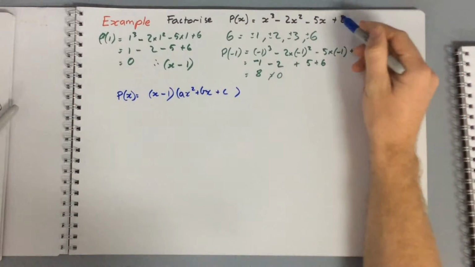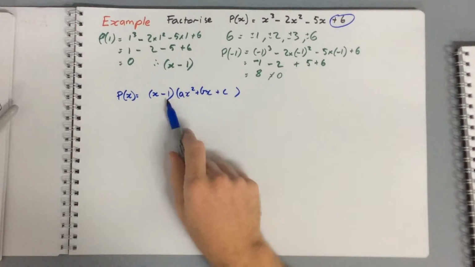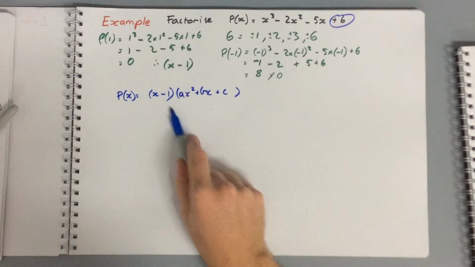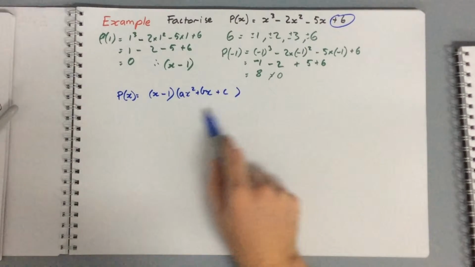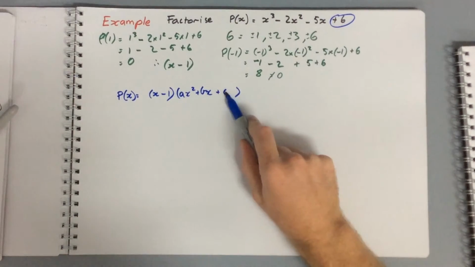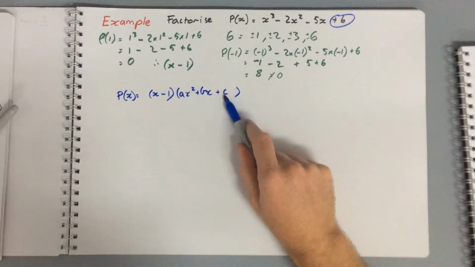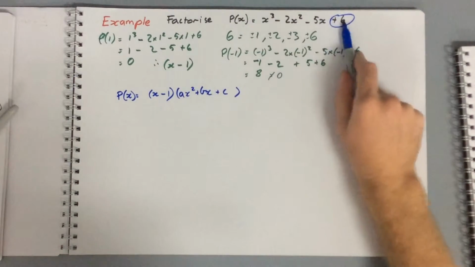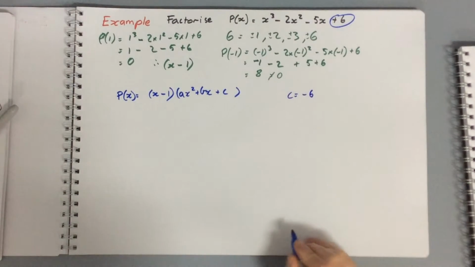This plus 6, again, that's our first step. How can we go from minus 1, when we multiply that out, to get c? Minus 1 times c to get 6. What does that c have to be to get a positive 6? Well, it has to be minus 6. Minus 6 times minus 1 gives us positive 6. So already c is going to be minus 6.